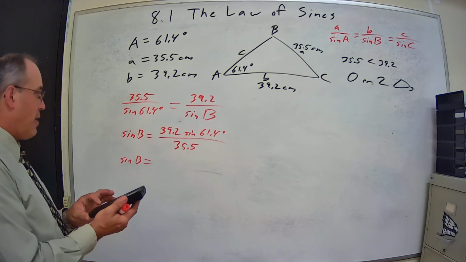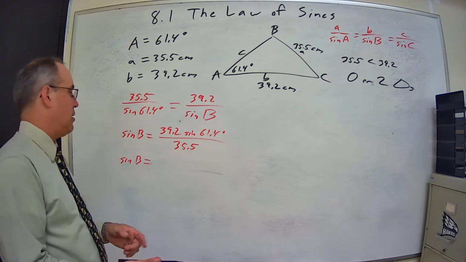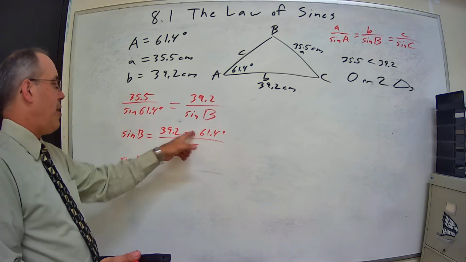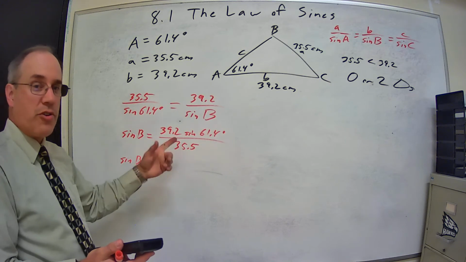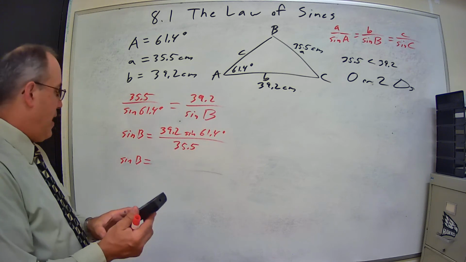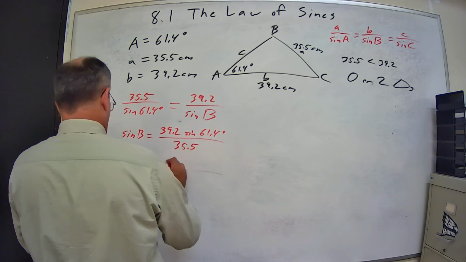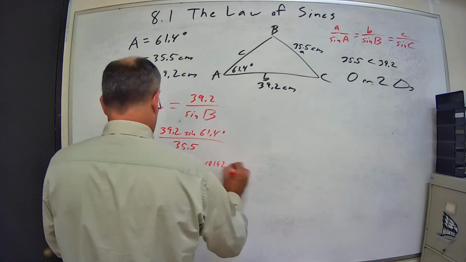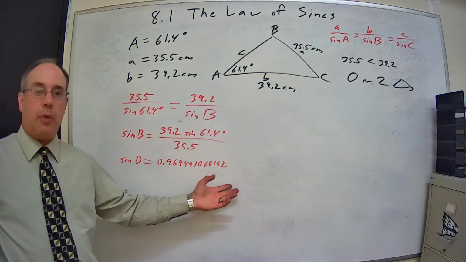So we multiply those together, giving approximately 34.417, and then divide by 35.5, which is good. This came out to be 34.417 approximately, and this is 35.5. That's larger than it, so we're going to get a number less than 1. We get the sine of B is approximately equal to 0.9694910609192.